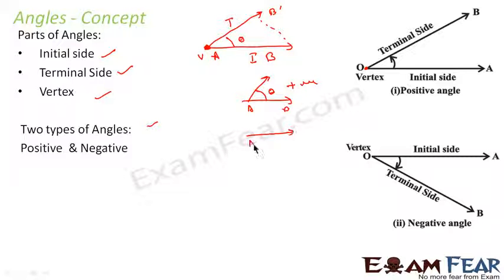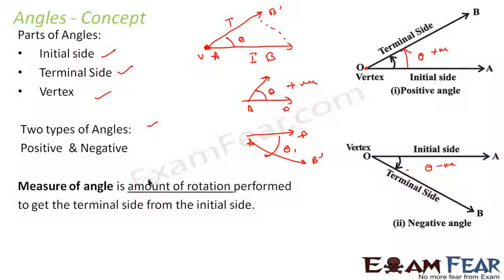Similarly, for line AB, if you rotate this line in the clockwise direction, B dash, this becomes a negative angle. Here if you see, this is the initial side, this is the terminal side. So we have rotated from here to here. This is called theta positive. This is the initial side. We have rotated this line in the clockwise direction. It becomes theta negative.